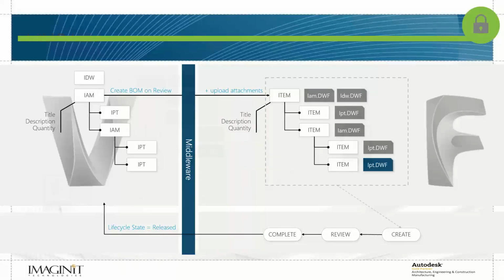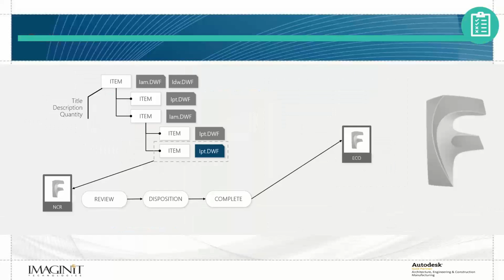Another thing that we could do is take this information and create a non-conformance request. Basically we would be reviewing the information that we have, and then that would generate an ECO. So that's kind of a subset, but I will point this out.